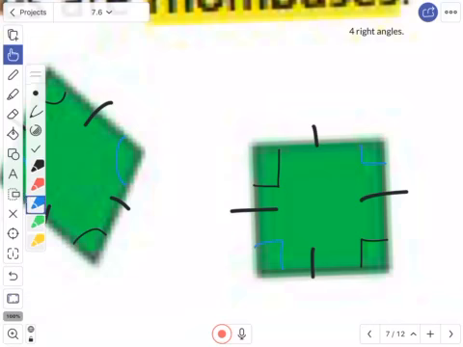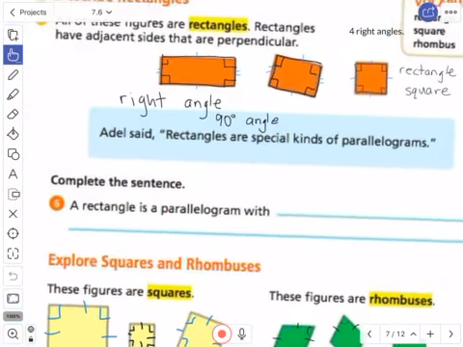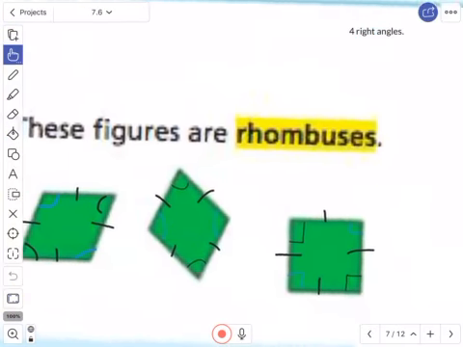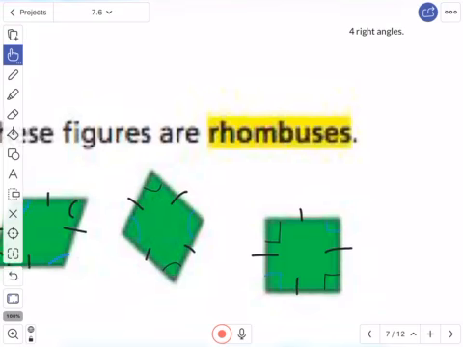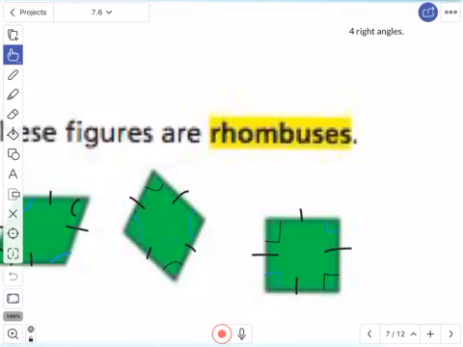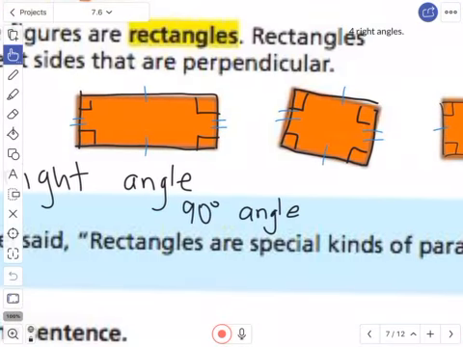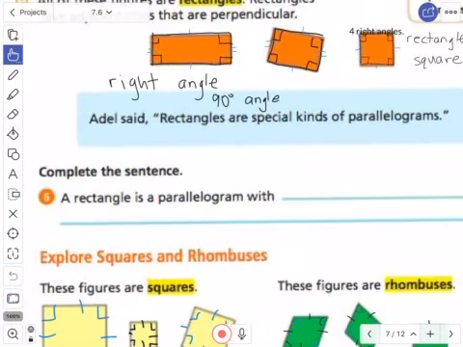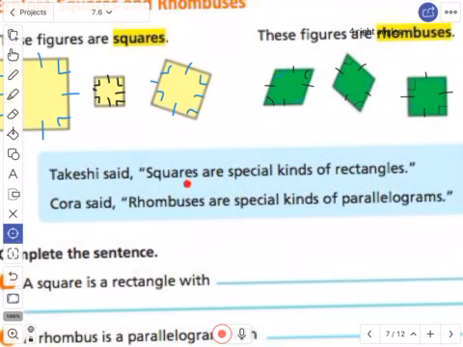But a square can fit a lot of things. A square could be a rhombus, and a square can also be a rectangle, because a rhombus just needs to have 4 equal sides, and the opposite angles are equal. And remember, a rectangle just has to have 4 sides with 4 right angles. That's kind of cool. So Takeshi said squares are special kinds of rectangles. They are, because you can call them both.